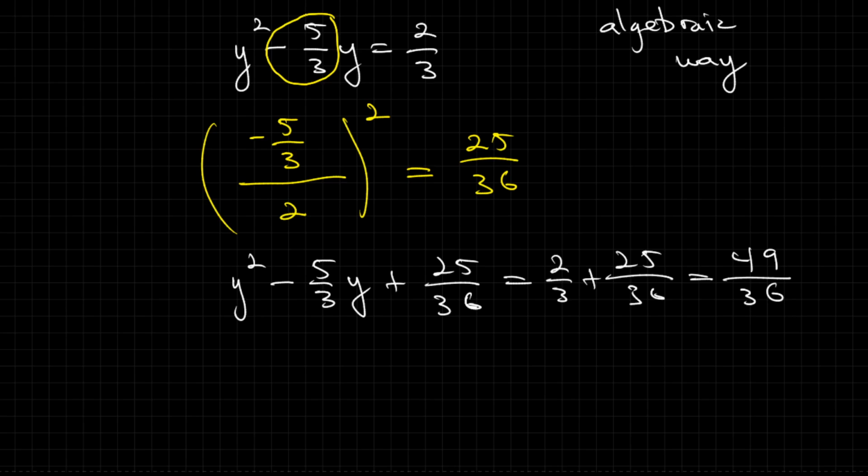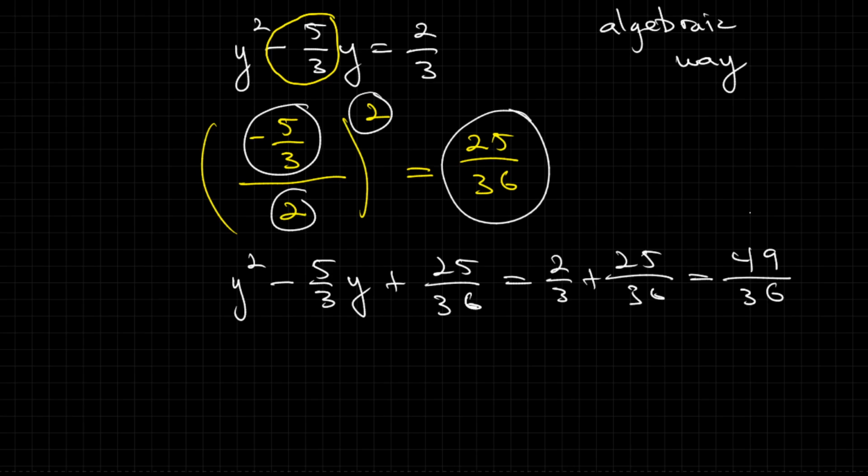So we take whatever's attached to the y, divide it by 2, square it, and add the resulting quantity to both sides. Now that we've done that, this next part can be a little bit more challenging than in the geometric process, or the geometric solution method. What will result every time you do that on the left-hand side is a perfect square.